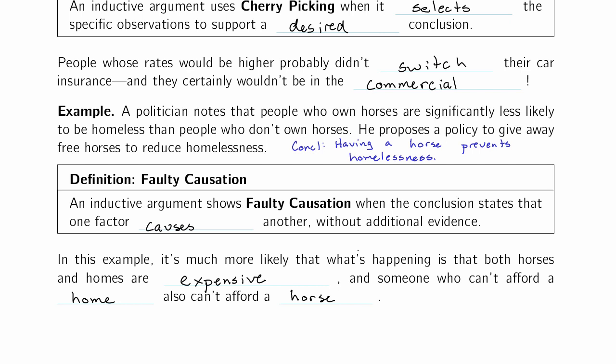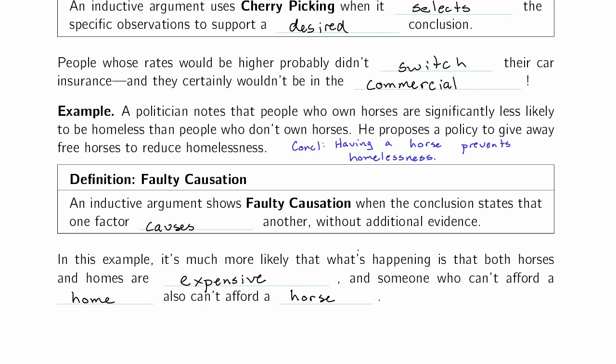Now, when you're making inductive arguments, showing that one thing causes another is actually extremely challenging. And the kind of argument that you need to make in order to show that something is actually causing something else is well outside the scope of this class.